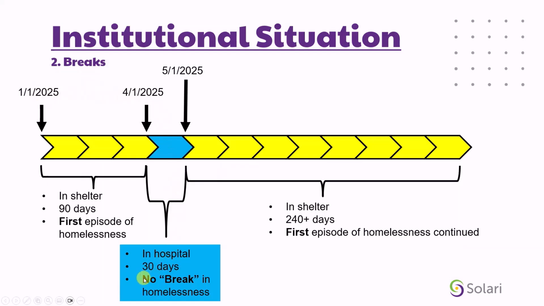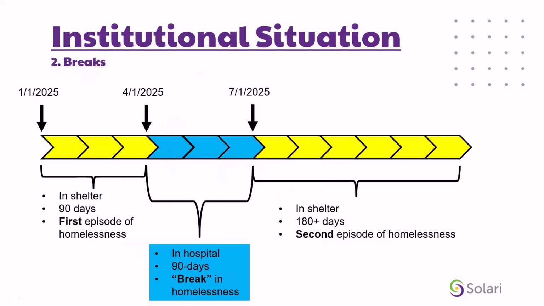But this is not a break because they're in a hospital or an institutional situation. If this was a permanent situation, like we previously discussed, it would be a break. But this is not a permanent situation. This is an institutional situation. So as a result, this second set of yellow is really considered to be the first episode of homelessness continued because this here does not constitute a break in the client's episode of homelessness.